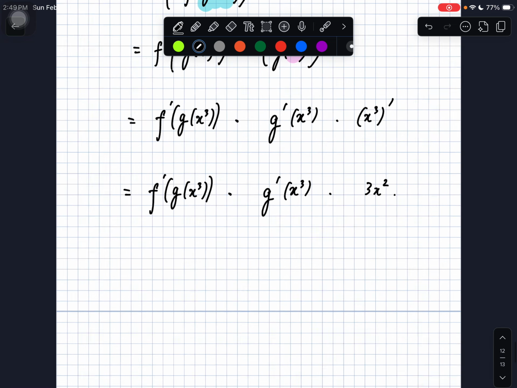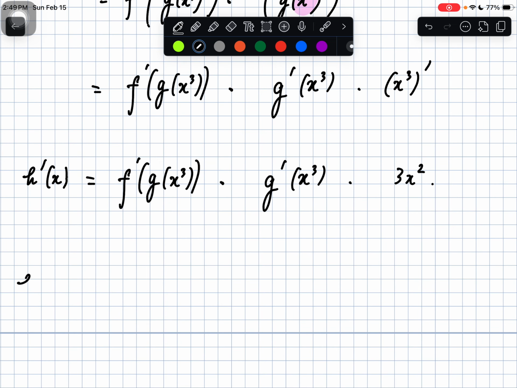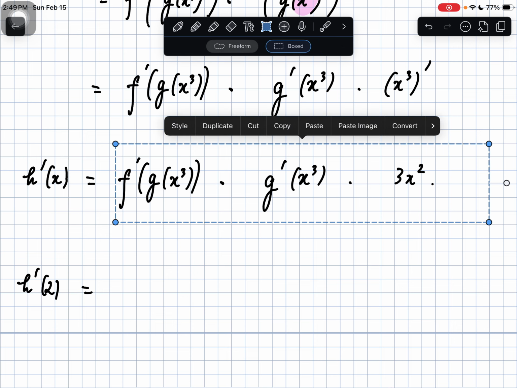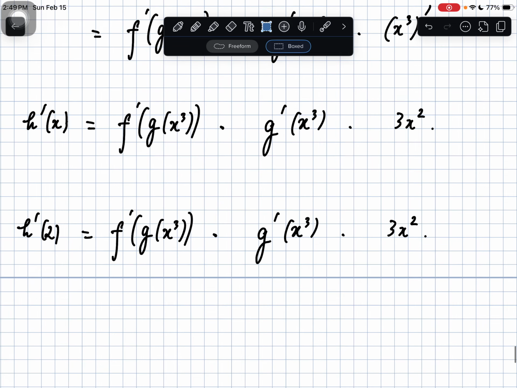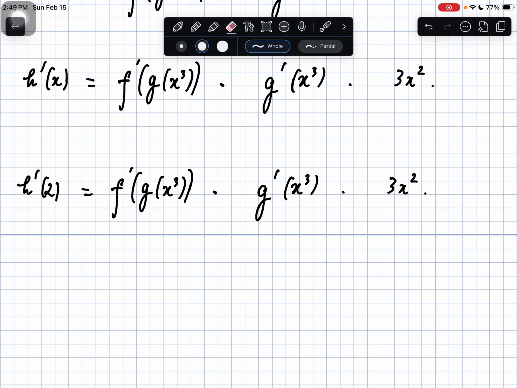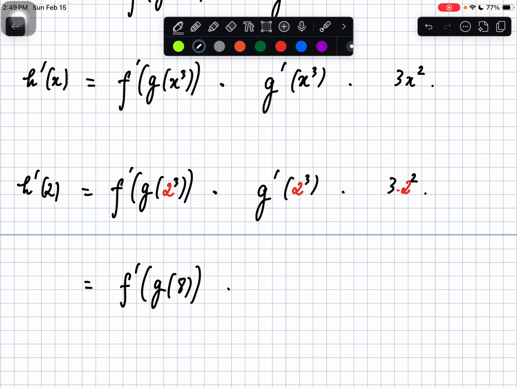This is h'(x), so h'(2) is this function where x equals 2. So this is f'(g(8)) times g'(8) times 3 times 4, which is 12.